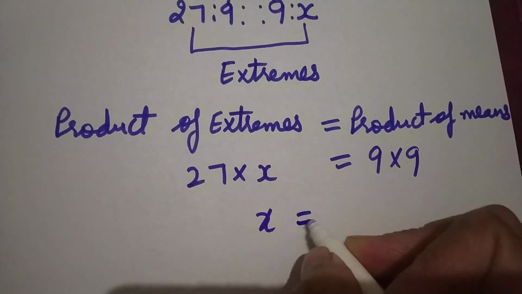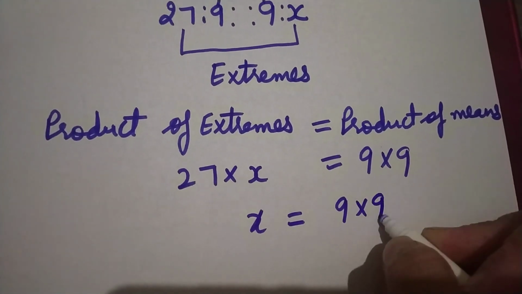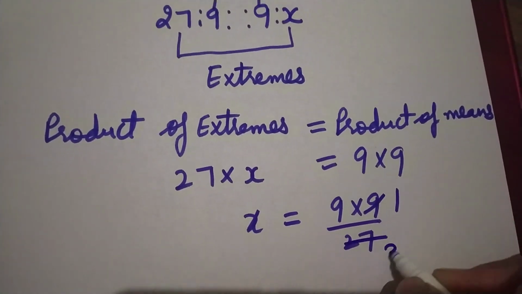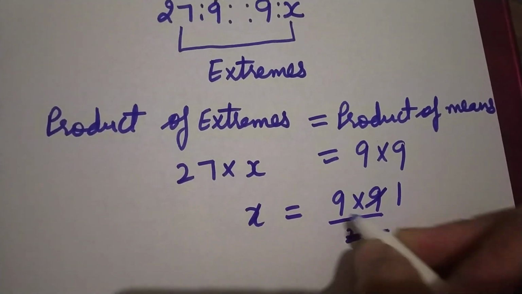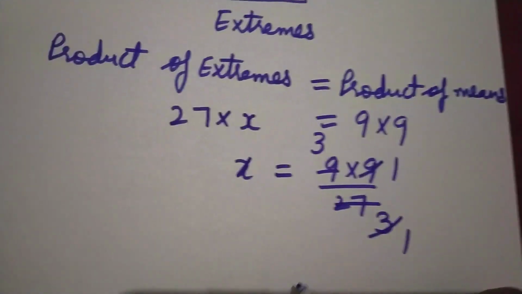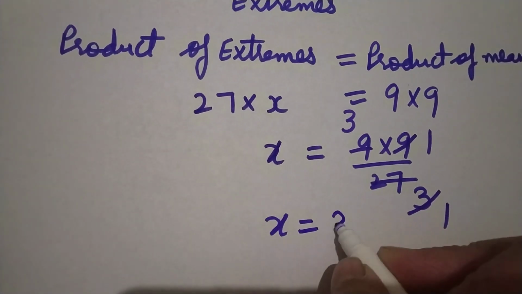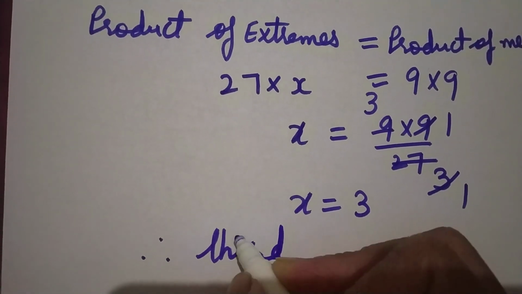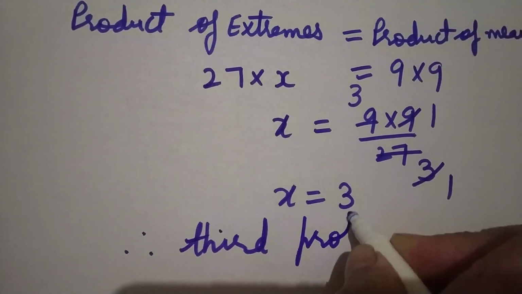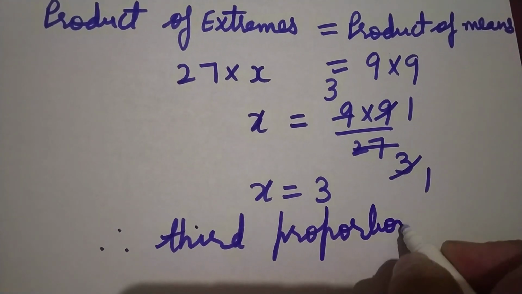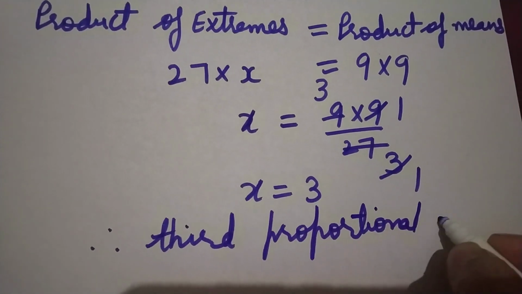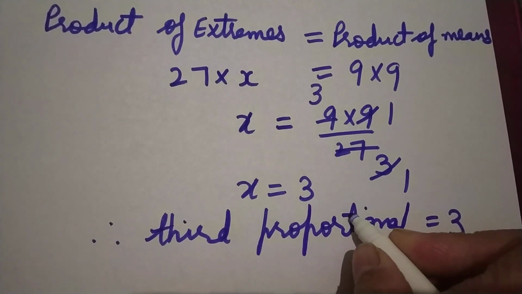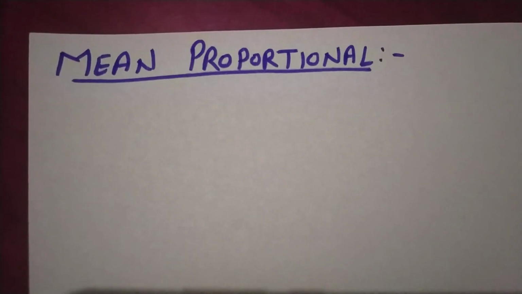To find x, 27 will get divided. 9 ones are 9, 9 threes are 27, 3 ones are 3, 3 threes are 9. So x is equal to 3. Therefore, the third proportional is equal to 3. In this way, we can find the third proportional.